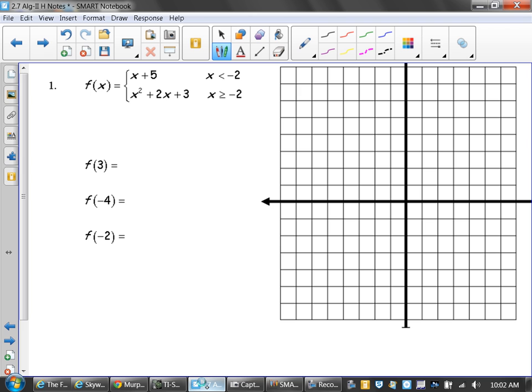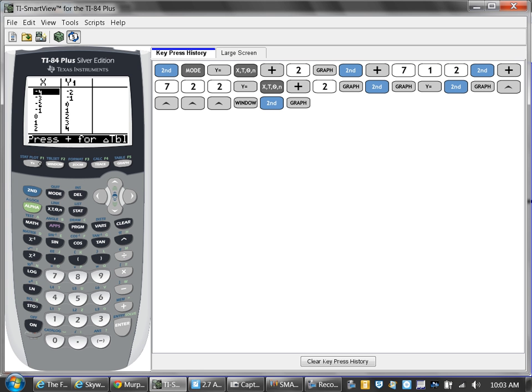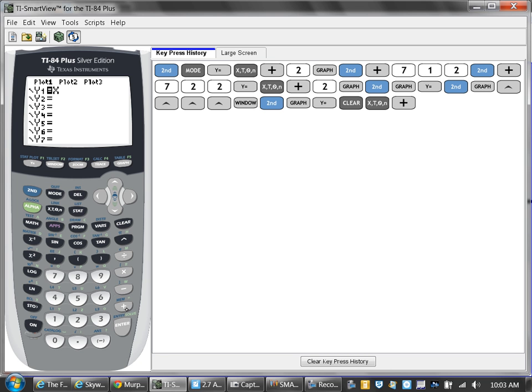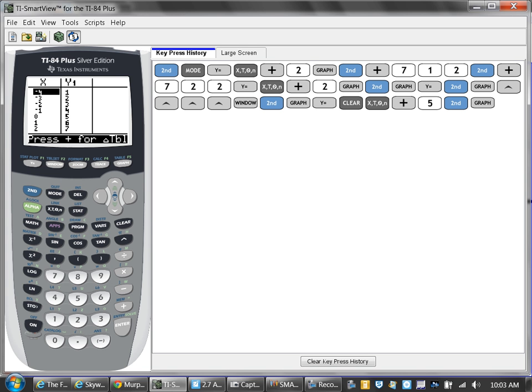And I'm going to type in that top equation, x plus 5, in the y equals. Okay? And then just go right to my table. Does everybody remember how to find the table? Second graph. Very good.